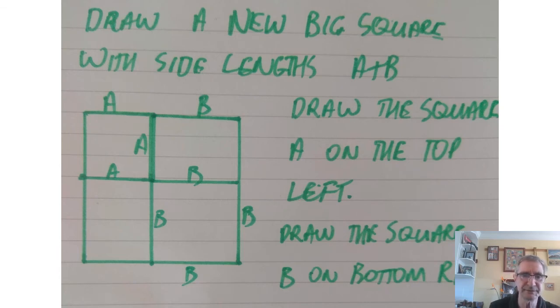So now you can see we've got a square of side length A in the top left, and another square of side length B in the bottom right. Okay, it's the same square size, length A plus B, but we've got the squares in different places. You can see what we're left with are two rectangles.